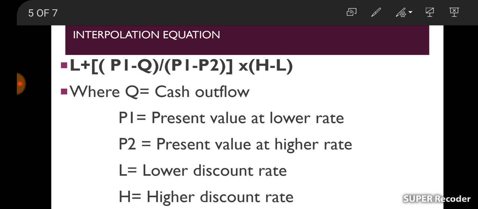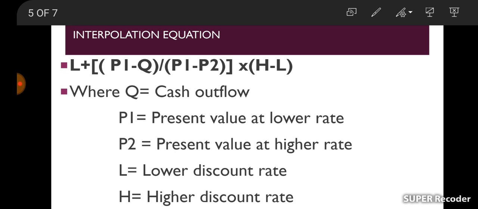Then we multiply this figure by H minus L. H means the higher discount rate, here it is 16, and L means the lower discount rate, here it is 15.